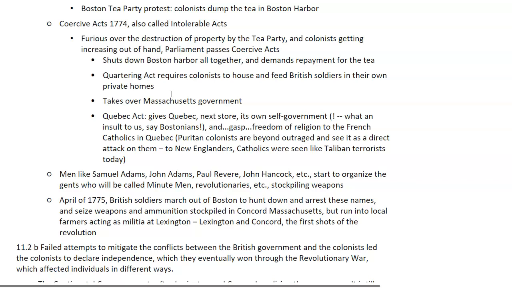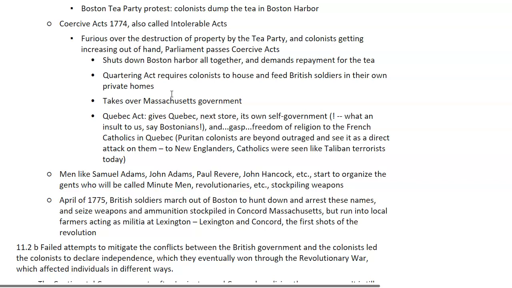If you were from Massachusetts and an old Puritan, you looked at Catholics like we might look at a Taliban terrorist. No kidding. So to them, the British government was handing over to these weird Catholic terrorists self-government, and good English Protestants in Massachusetts were having government taken away from them.